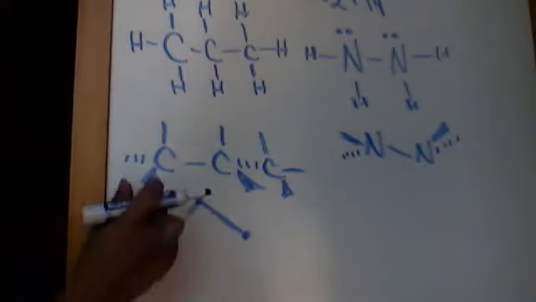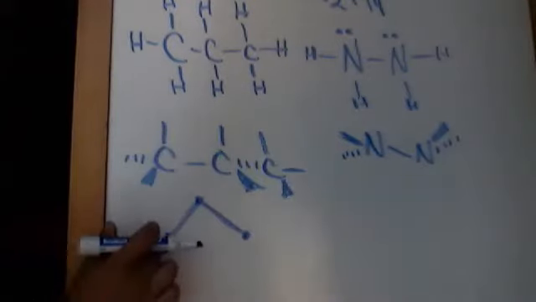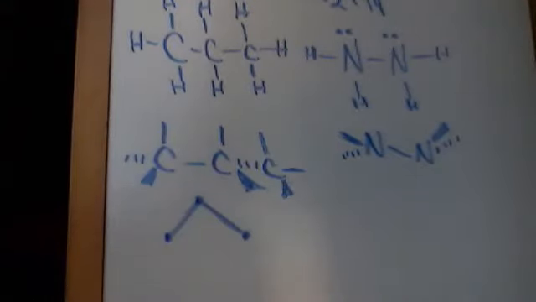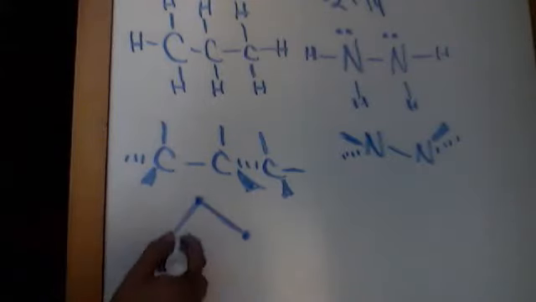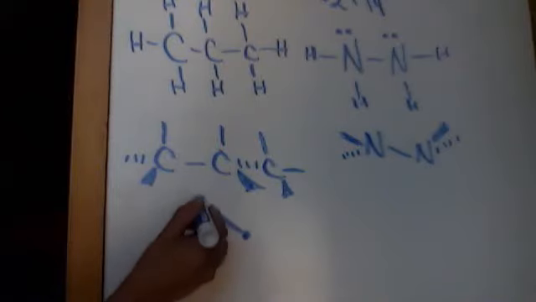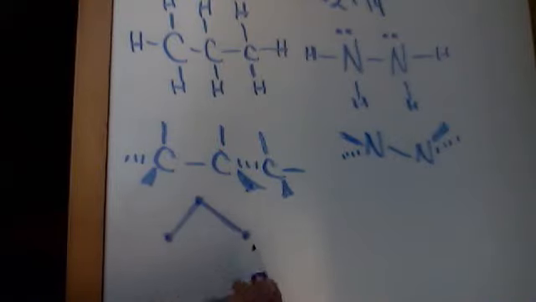Usually you don't represent hydrogens in these types of representations for molecules. This is a zigzag representation, and it's implicit that each vertex or each end of the line is describing a tetrahedral carbon atom.